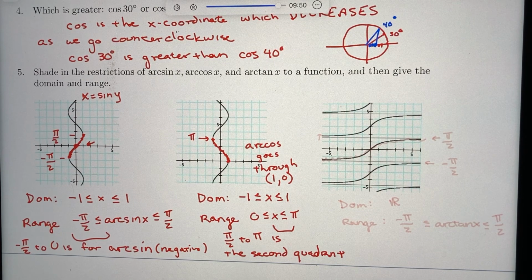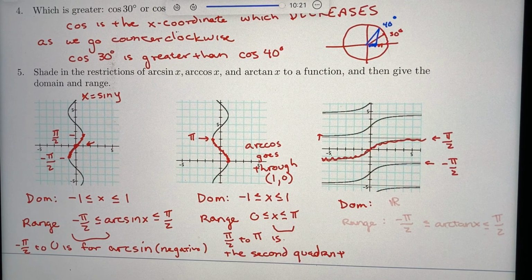Okay, for arc tan, notice that it kind of looks like tan flipped. We have bottom at negative pi over 2 and a top at positive pi over 2. And notice we do not go through the asymptote at pi over 2 into the second quadrant. So domain for tan, arctan, is the same as the range for regular tan. It's all reals.